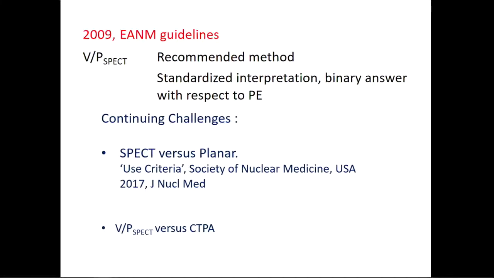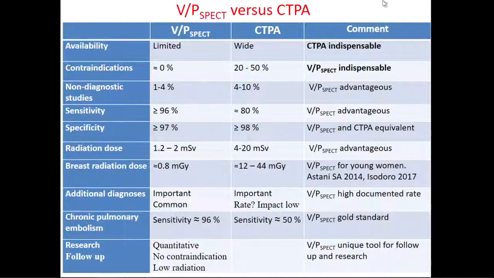Our challenges continue. Notably, in the United States, there are still a lot of people arguing for planar scintigraphy. I don't like to believe it, but that's the case. Another challenge is, of course, the relationship with CTPA.